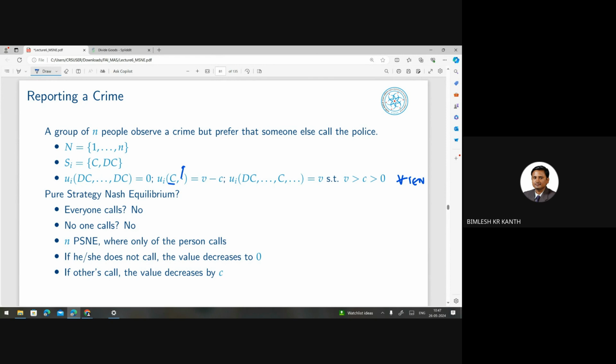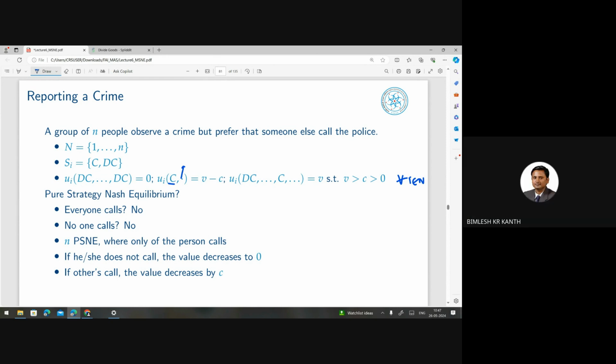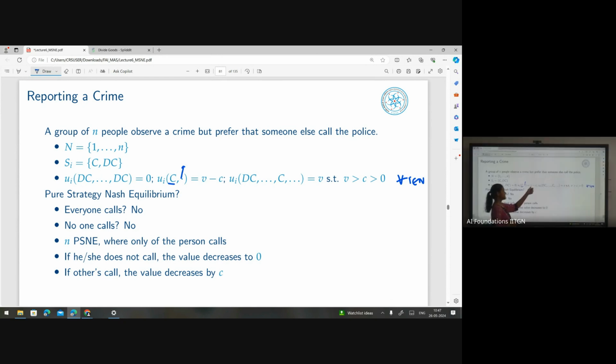If the ith person chooses to call, the utility of i is B minus C. Now, what is B and what is C? It gets a value B because the police is informed, but it gets a negative value C because it had to call. So there is a cost to calling. Because it's a crime scene, you don't want to get involved, so you assume that there is a cost to the fact that you're calling.